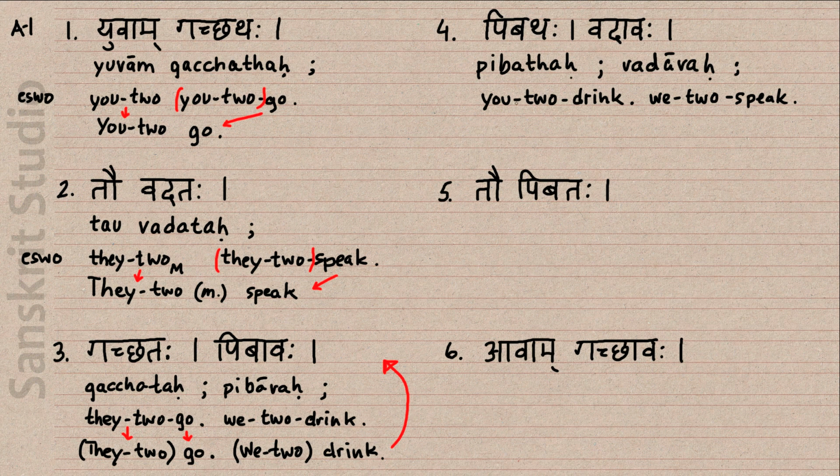Okay, and then the English once more. Then we have an implicit subject here only, so no explicit pronoun. So we have to bracket you two, and then drink, and then we bracket we two, and speak.